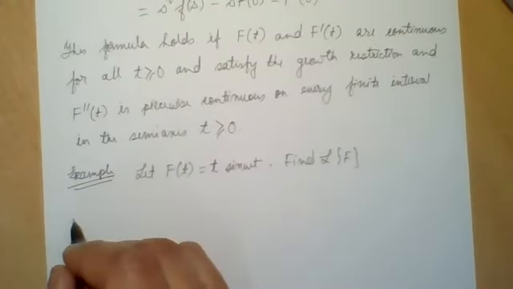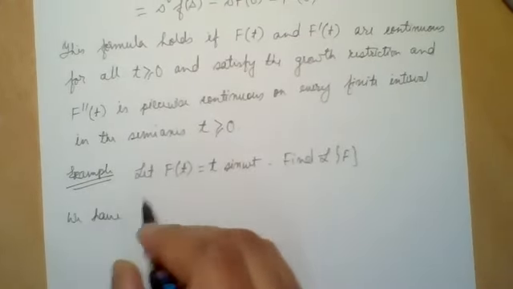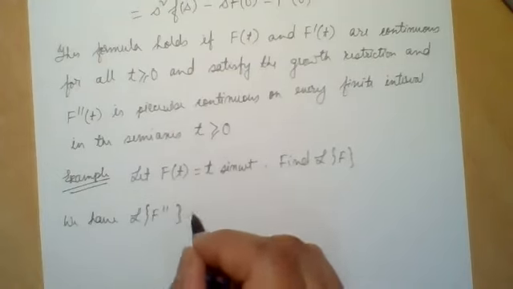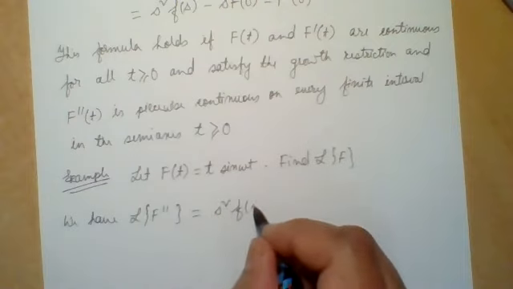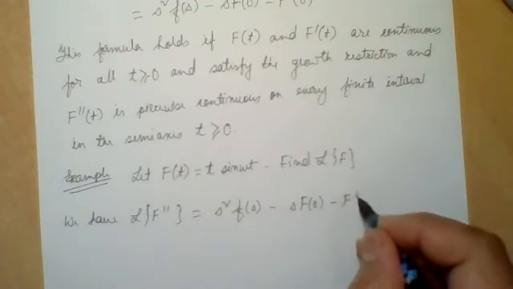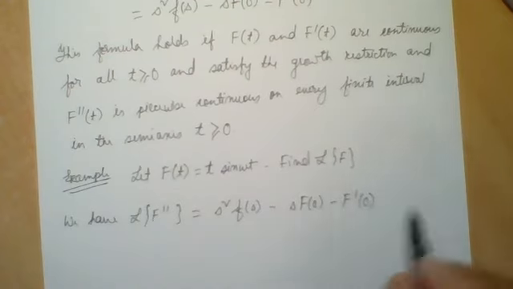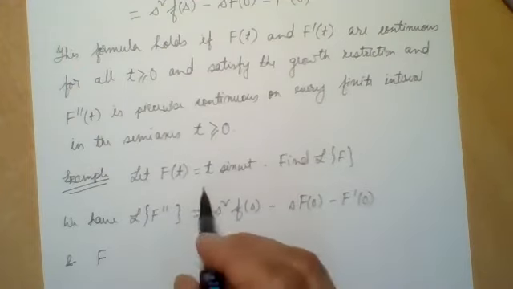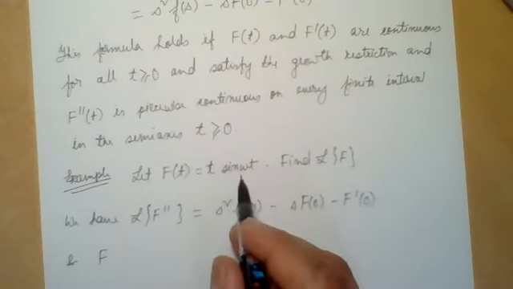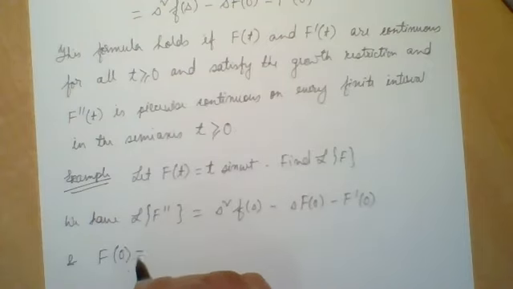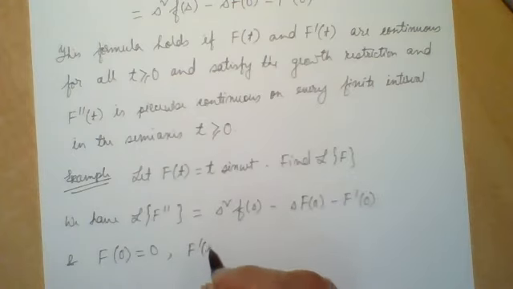Here the Laplace transform of the second order derivative is equal to s square F of s minus s f of 0 minus f prime 0. And what is the value of f of 0? Here the function is t sine omega t. So when t is equal to 0, this is 0. So f of 0 is equal to 0. Now let us calculate f prime t.